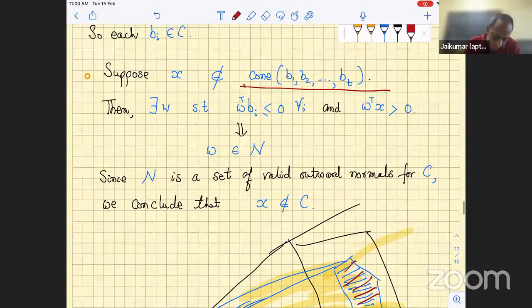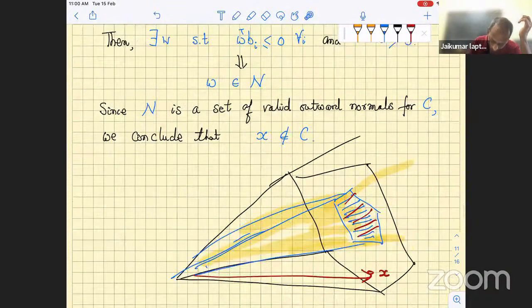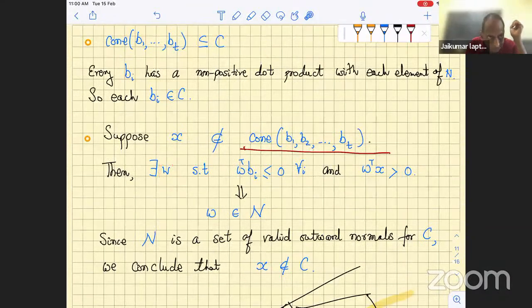Why? If there is a point which is not in B, then by appeal to the fundamental theorem, there must be a hyperplane which separates them. Let us call that hyperplane W. What property does W have? This time W is pointing in the other direction.